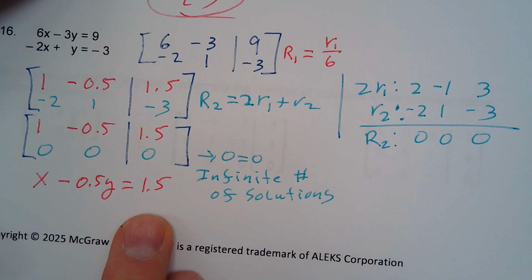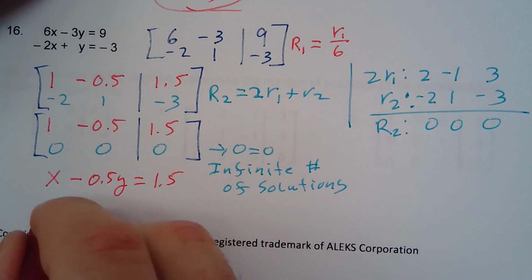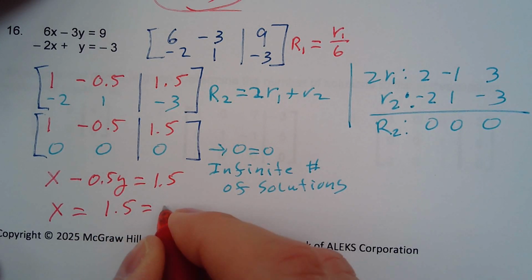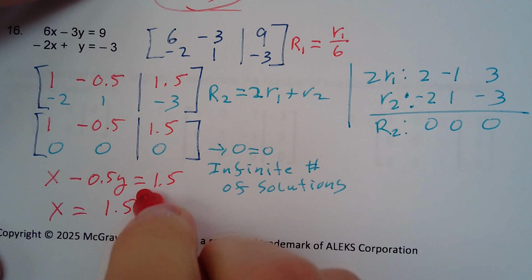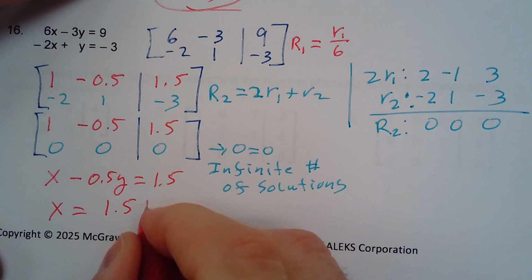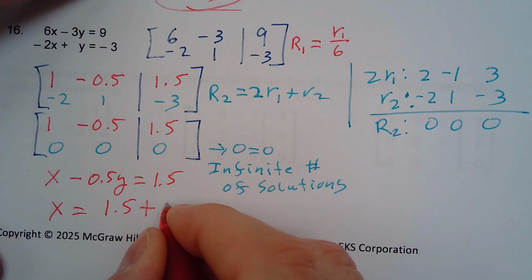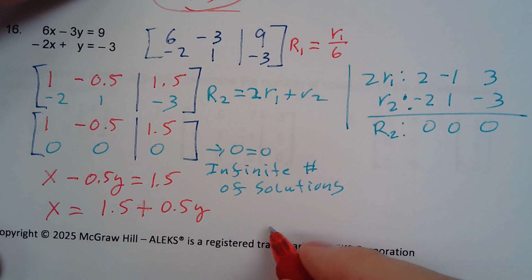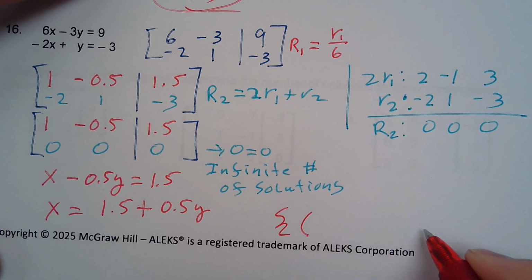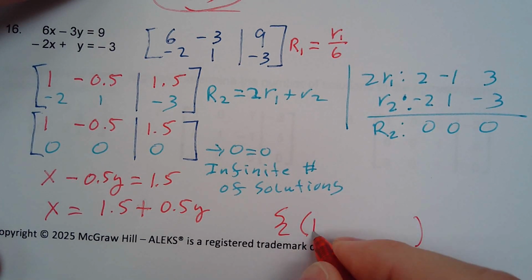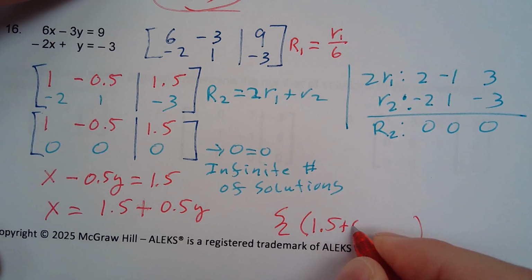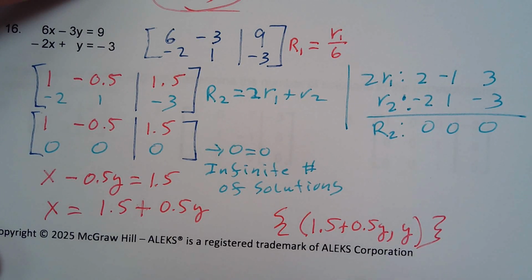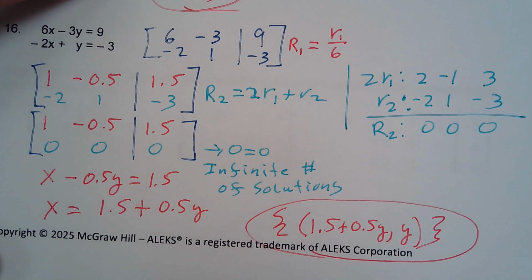So I'm going to add 0.5y to both sides. So my solution set would be the set of all points in the form of 1.5 plus 0.5y, comma y. So that would be my answer.